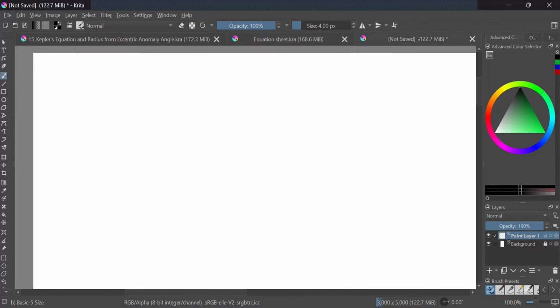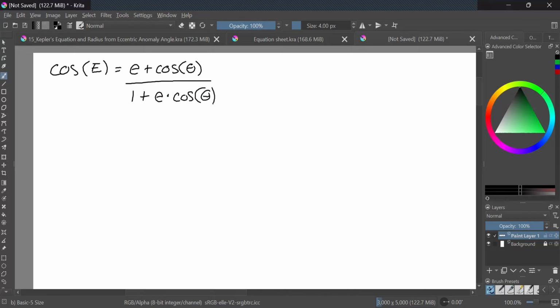So if I come over to here and I write it down, let's start with the cosine of the eccentric anomaly angle is equal to the eccentricity plus the cosine of theta, 1 over 1 plus the eccentricity times the cosine of theta. All right, this is a good start.